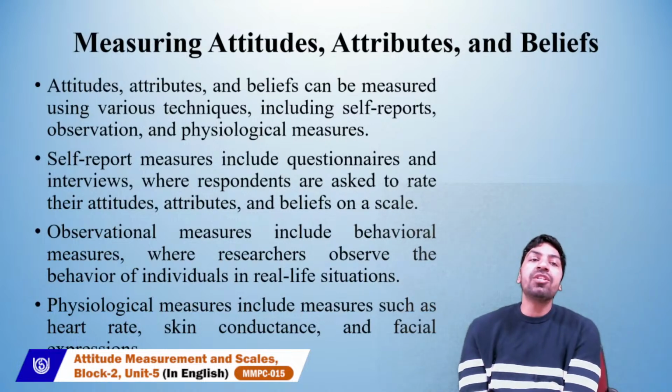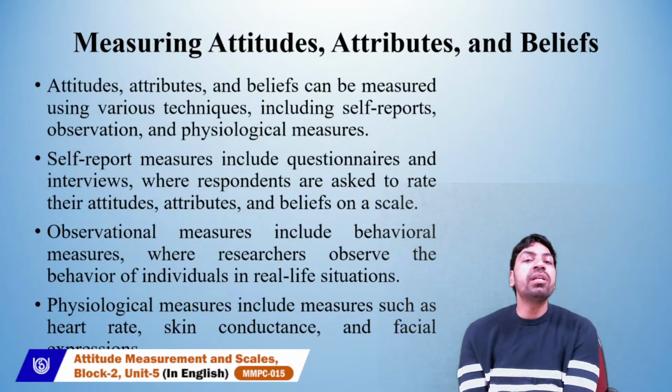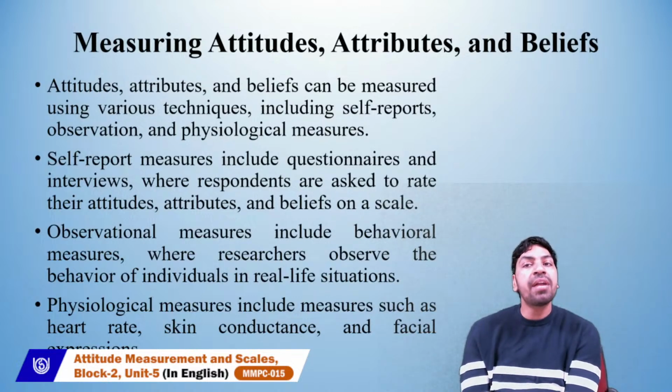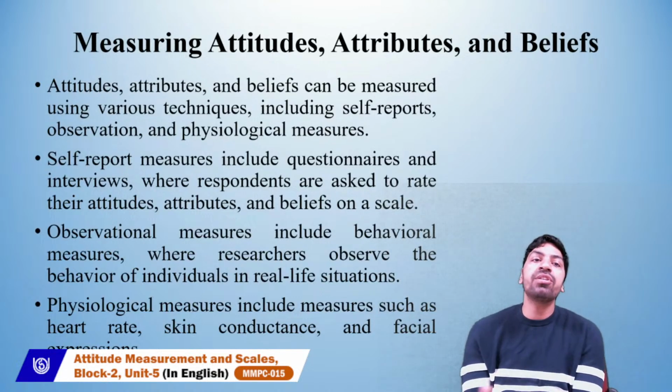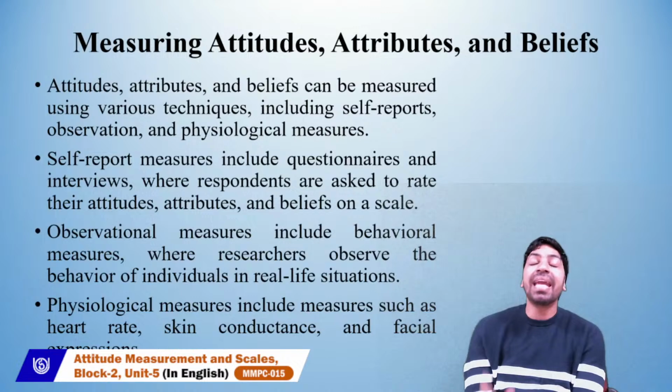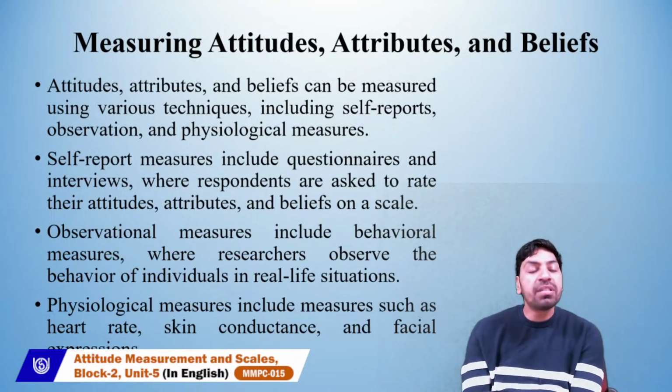The next section is how attitudes, attributes, and beliefs can be measured. They can be measured using various techniques, and the three main techniques are self-reports, observation, and physiological measures.